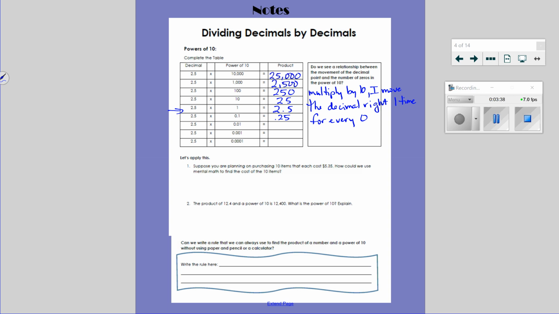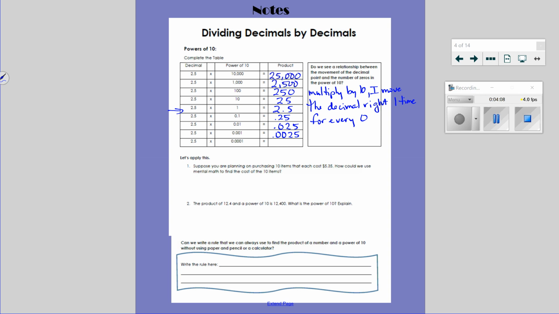We're already at hundredths. 25 thousandths. So now I need to add a 0 in front of my 2. 2 5/10 times 1/1,000 would be? 25 10,000ths. So now I have 2 zeros before the 25.